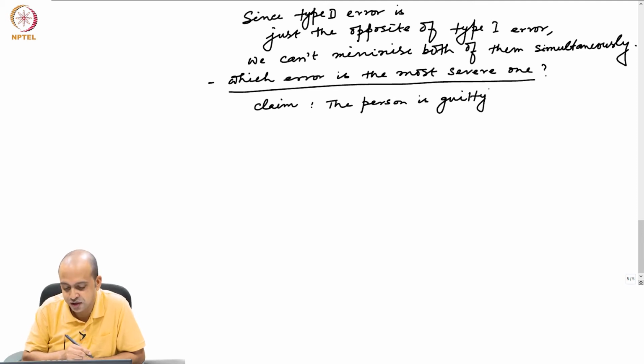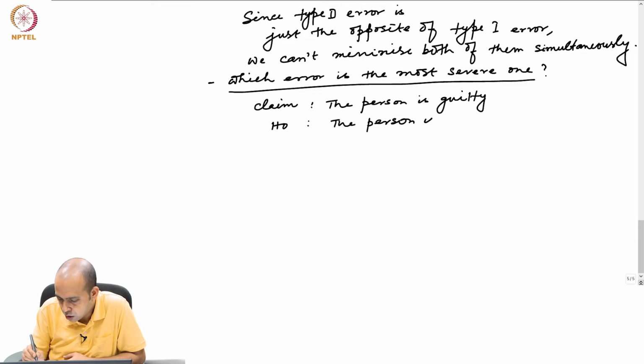The person is guilty. Then what is your H naught? Your H naught is, you have to nullify this claim, that the person is not guilty.